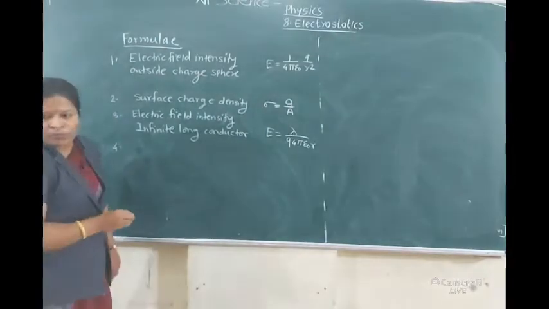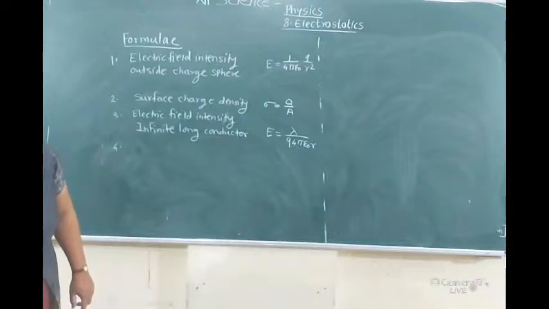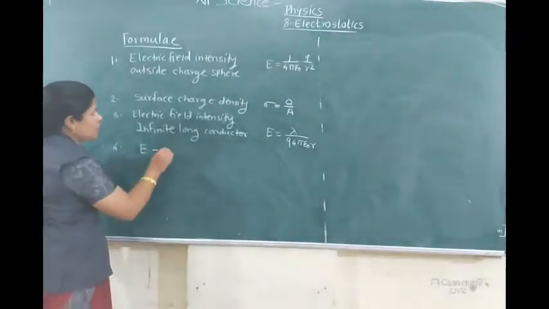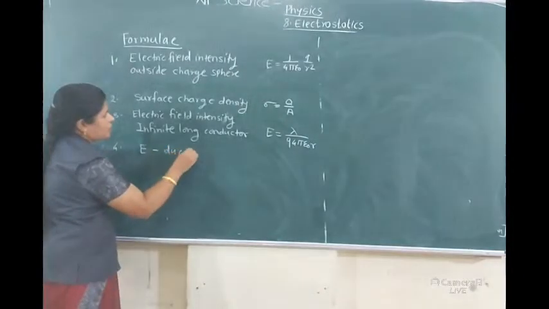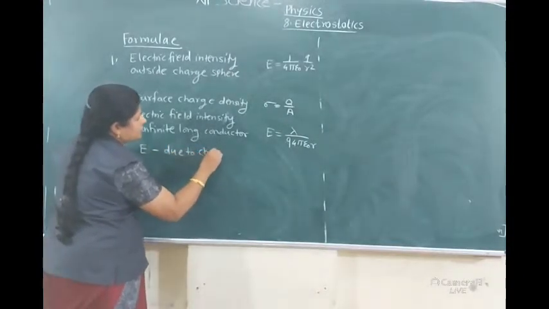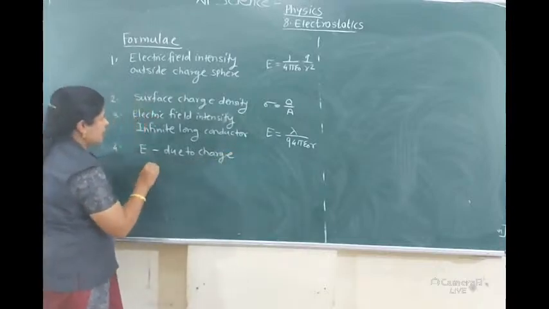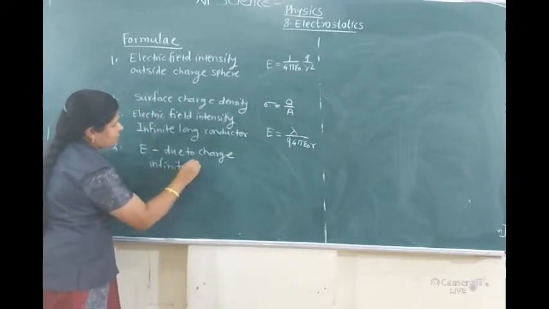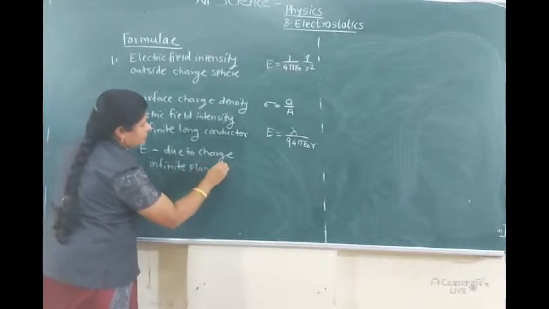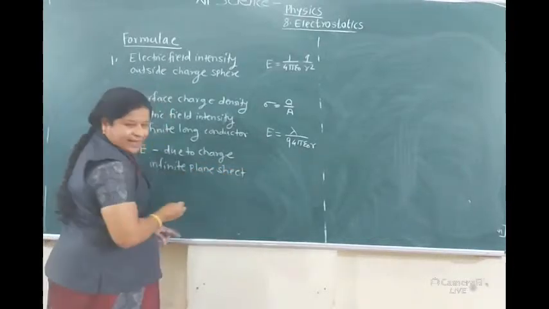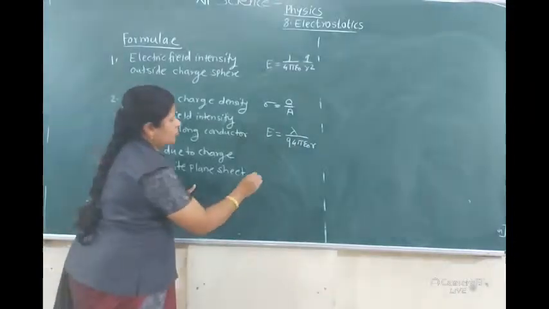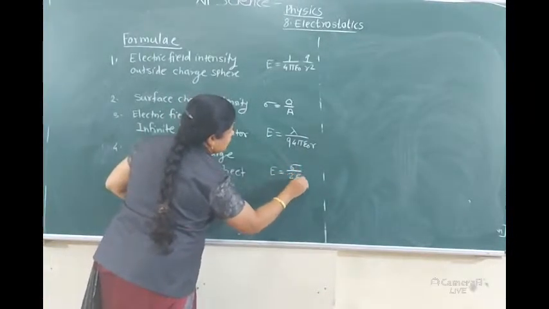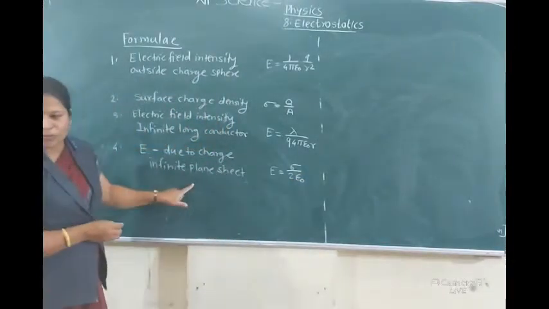Fourth formula, the electric field intensity E due to a charged infinite plane sheet, we get E is equal to sigma divided by twice epsilon 0.